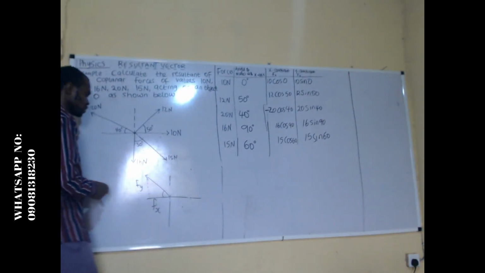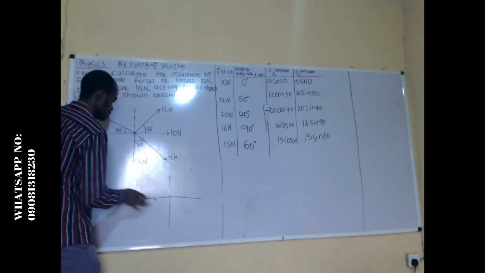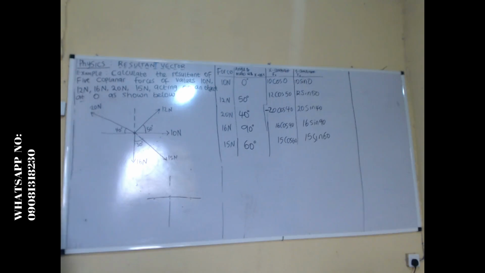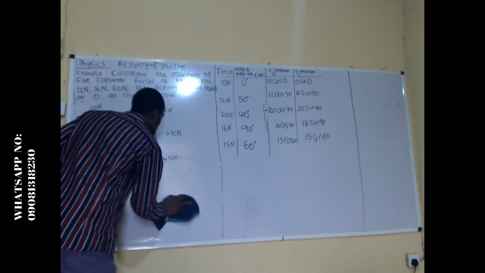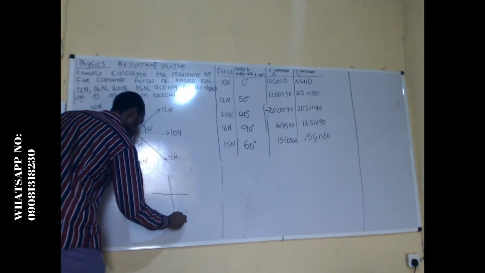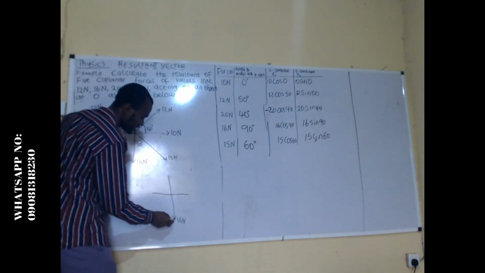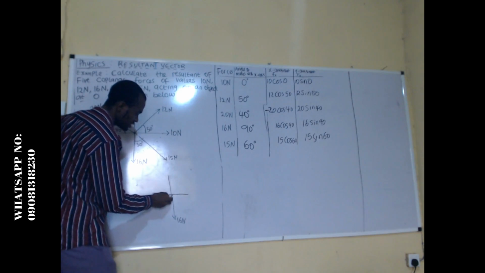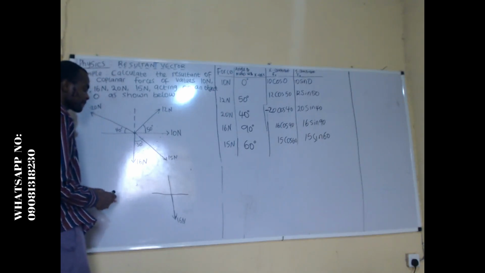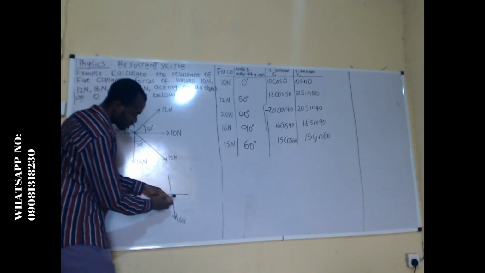Now, for the next vector, which is this 16 Newton. If you project this to the x axis, it's already where it is projected. Now, it doesn't have x components.